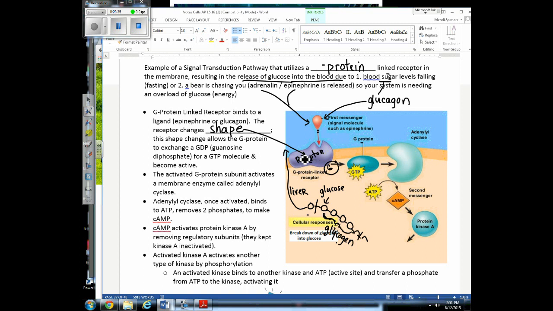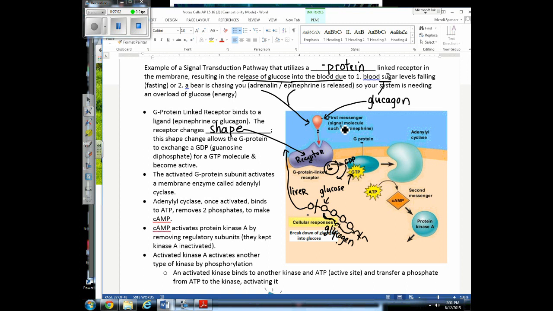So it has guanosine diphosphate bound to it, and it trades that out for a GTP molecule, guanosine triphosphate. Those are details that are unimportant for you to be able to regurgitate back to me. Just note that whenever there's binding by the signaling molecule to the receptor, it activates the G protein that is linked to the receptor. That's all you really need to know.